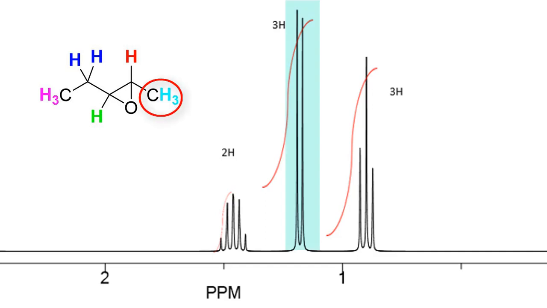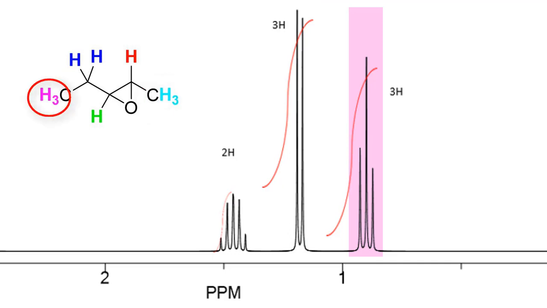That's going to correspond to the teal colored protons on the carbon here. And the reason it's a doublet is because it has 1 neighbor, the red proton. So N is 1, N plus 1 is 2. And then the triplet that integrates for 3 hydrogens is the other CH3 because it has 2 neighbors, right? So N is 2 and N plus 1 would be 3.